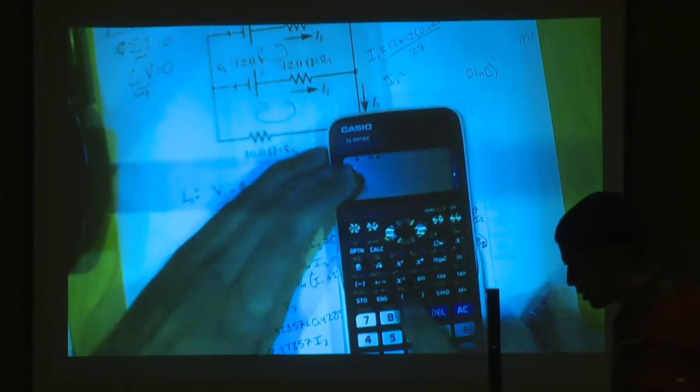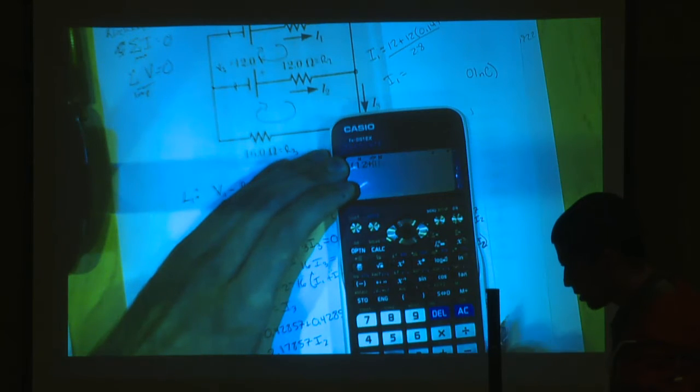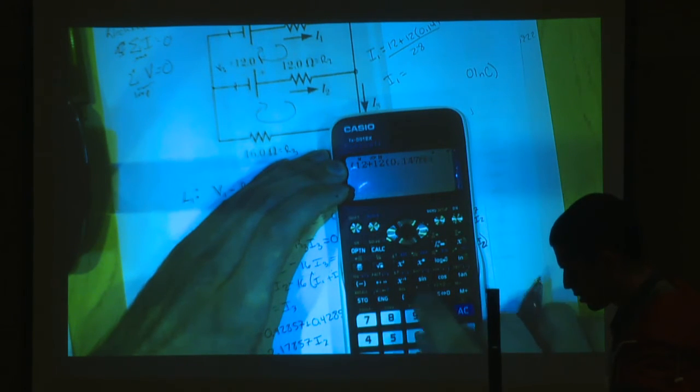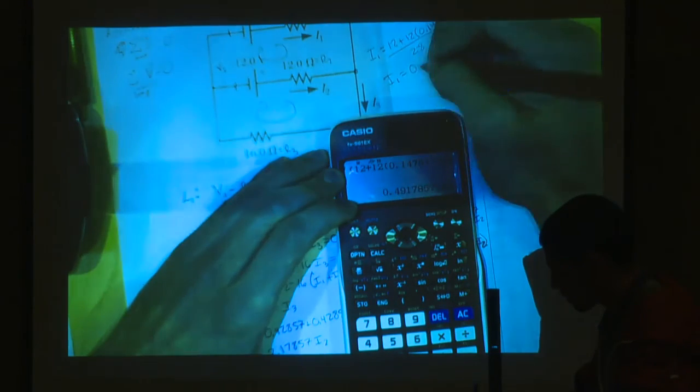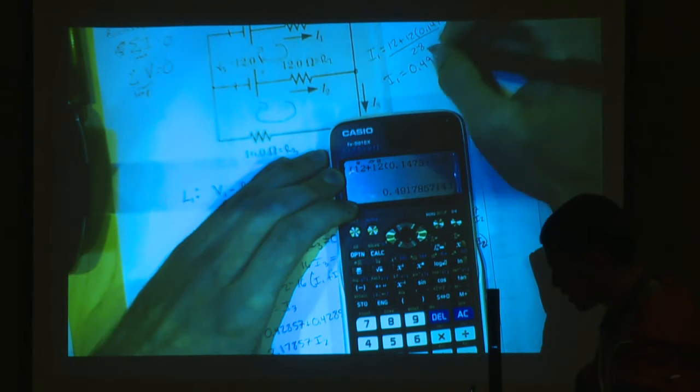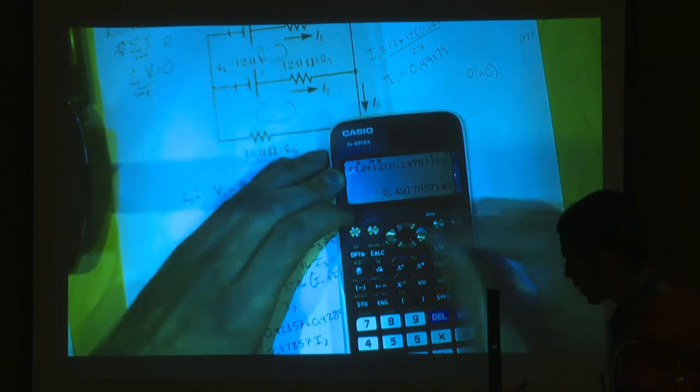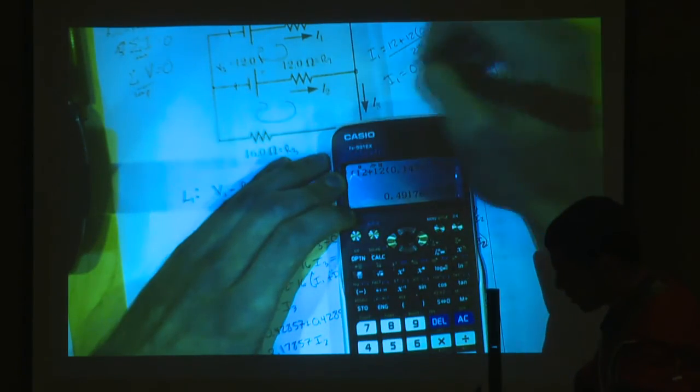Thus I1 is equal to 0.49179, rounding up here, in amperes.